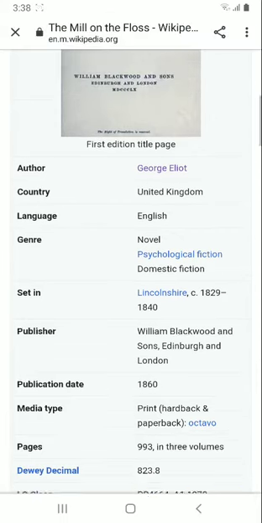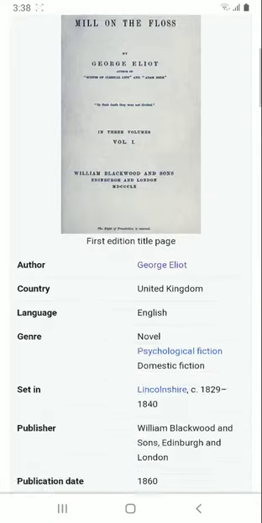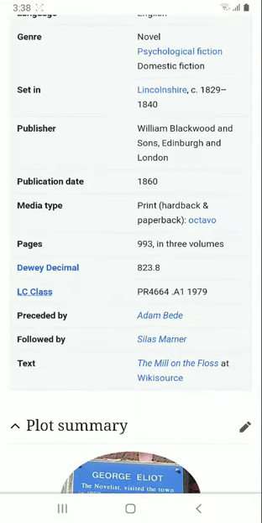Here you can see the first copy of the edition. It was on the printed edition. So, media type, print. Totally we have 993 pages in 3 volumes. Okay, we have 993 in 3 volumes.